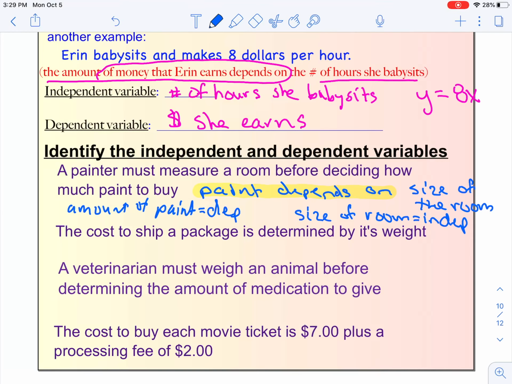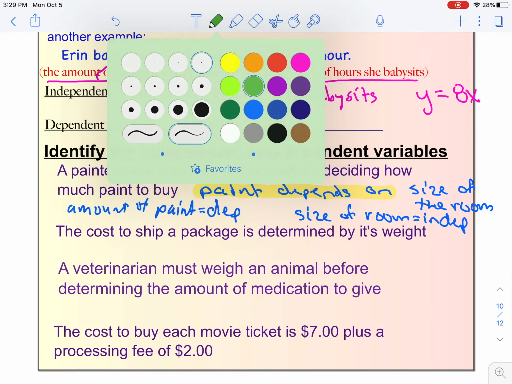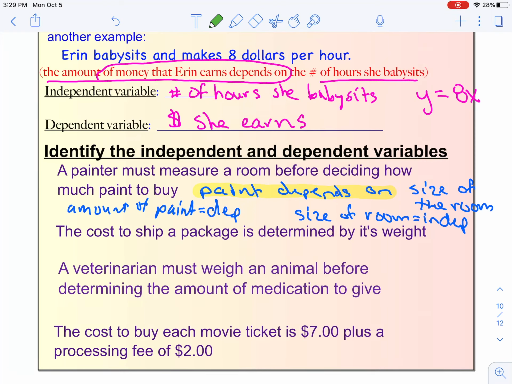Okay, so you try the next one. Pause the video, see if you can figure out which depends on the other. The cost to ship a package is determined by its weight. So the cost that you pay depends on the weight.